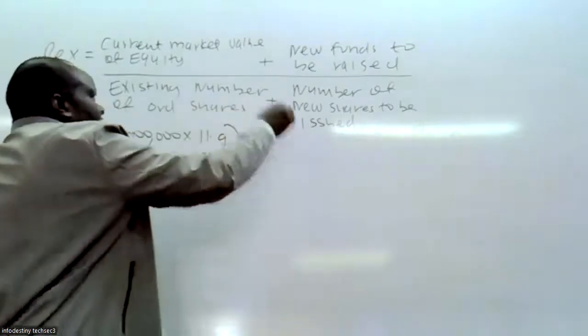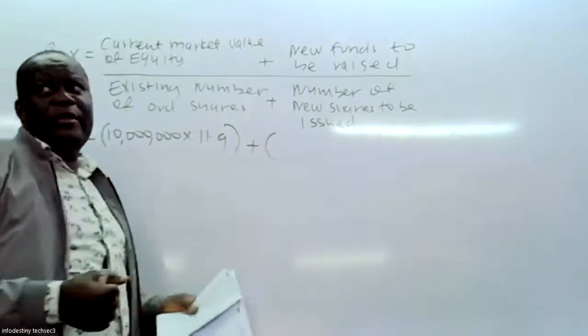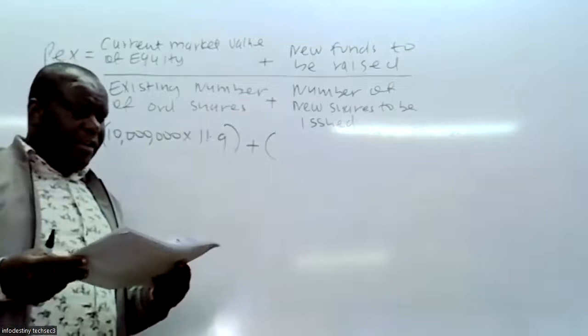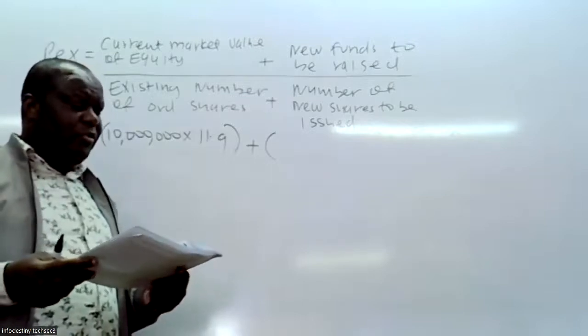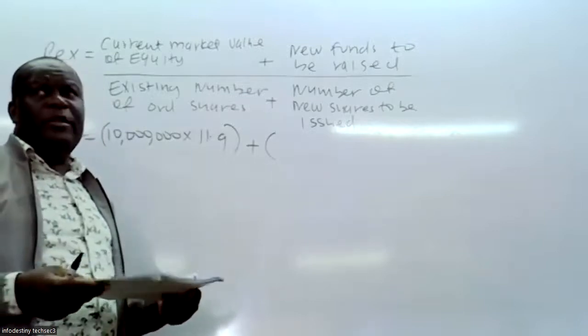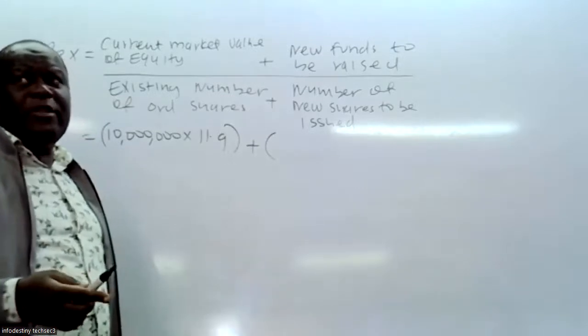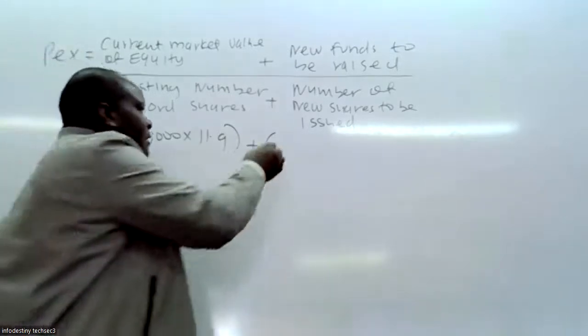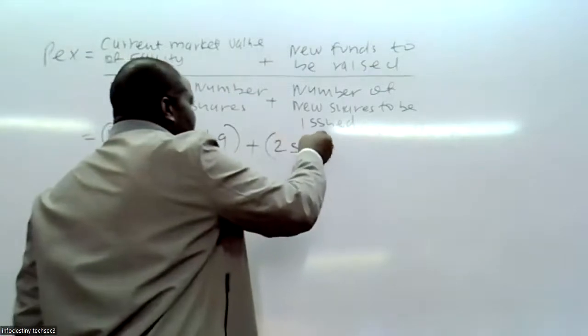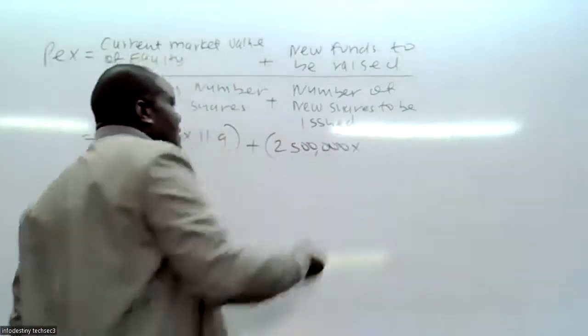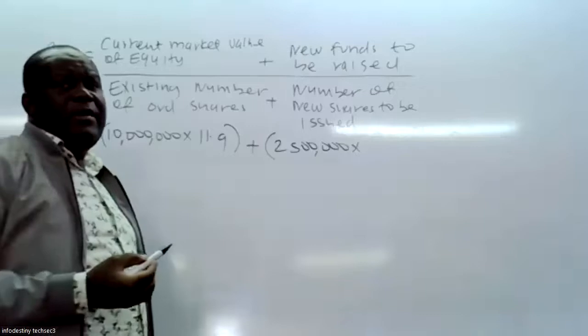Then to get the new funds to be raised, you take the number of the new shares to be issued, which we got as 2.5 million shares, multiplied by the offer price.